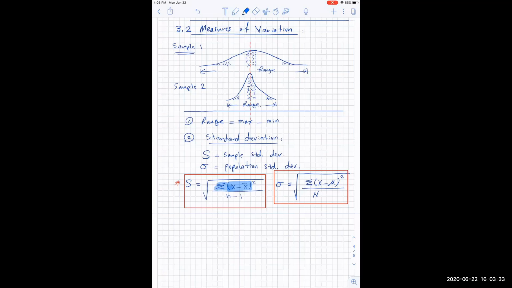Dividing by n minus 1, to take the average of these squared differences, and then taking the square root, and that will give you the average variation, or standard deviation. Okay, so this is what it means. Same thing for the population. You're taking the difference between each data value and the population mean to get the population standard deviation.